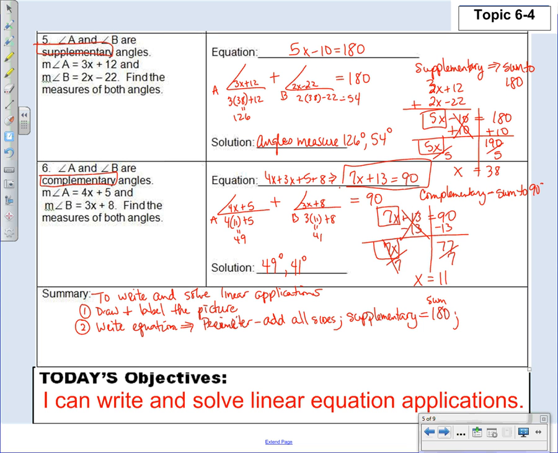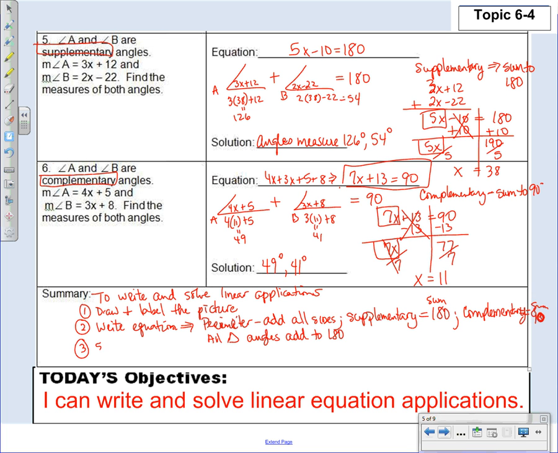Okay, and then complementary. Again, we have the sum to 90 this time. And the other thing we had was all triangles. All triangle angles add to 180. Very important when we write our equations.